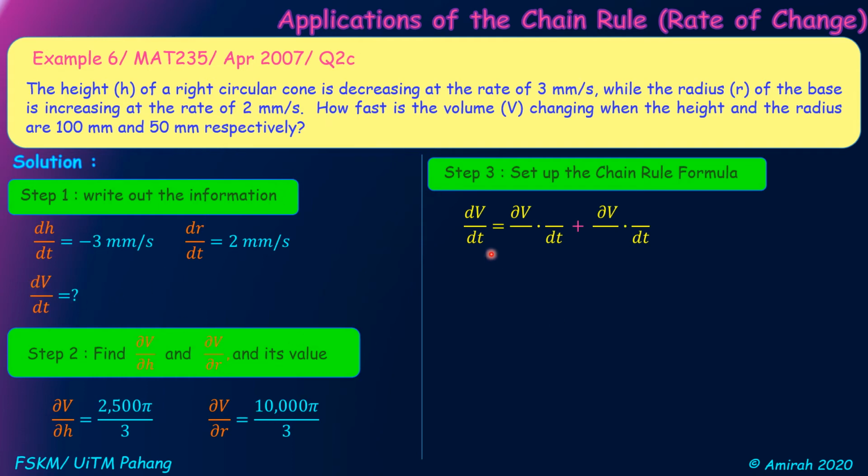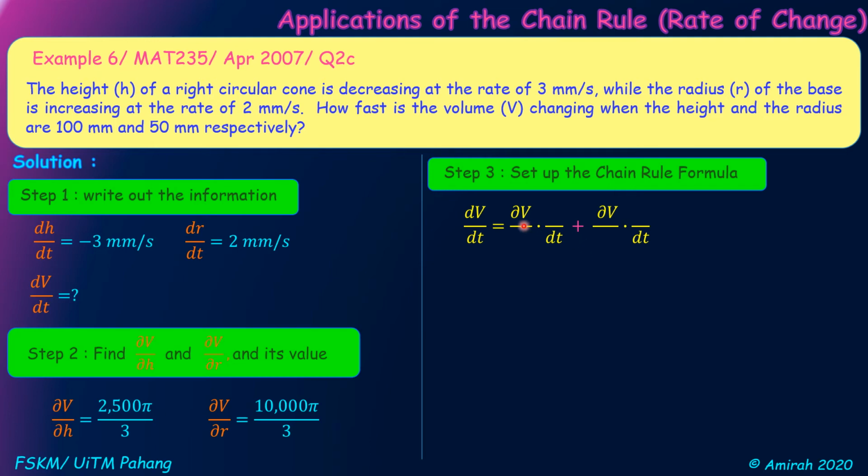And v is related to two variables, which are r and h. If there are two variables, the chain rule will have two pairs of multiplication of derivatives, and between the two pairs of derivatives is a plus sign.